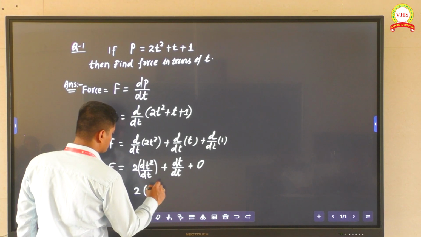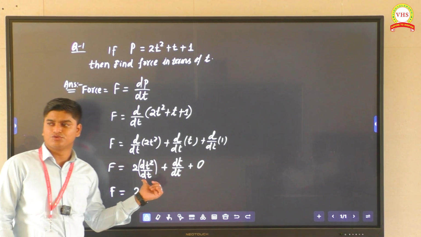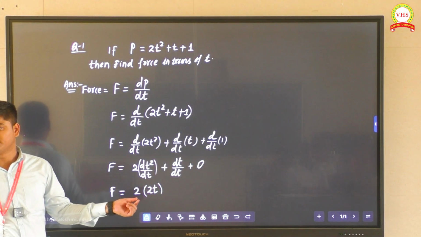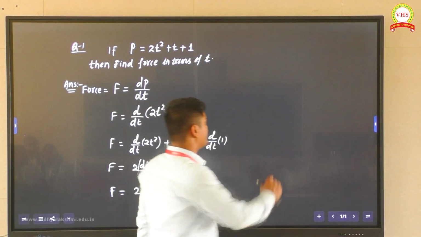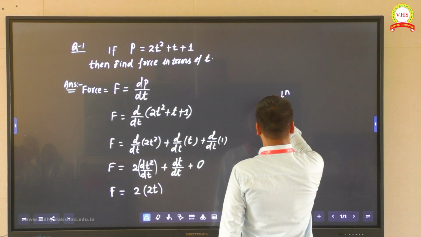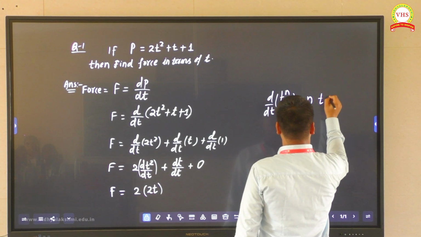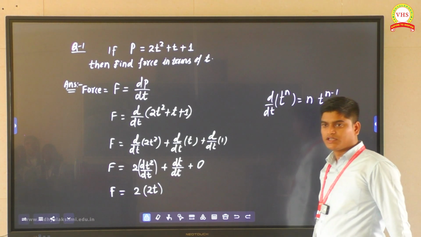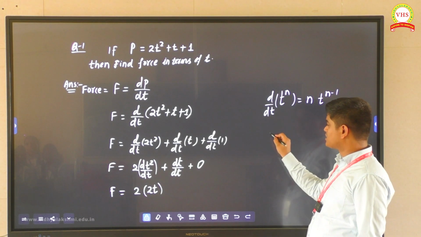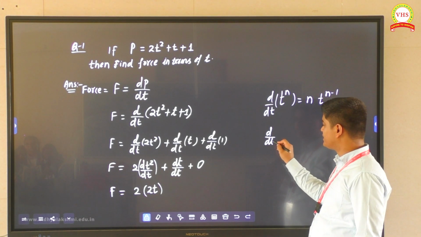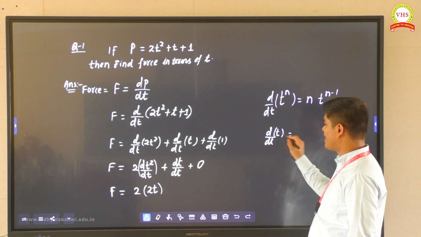Anybody remember? T square derivative is what? 2t. 2 times t. How it is coming? Now this formula remember. T to the power n derivative of t to the power n. How much it is? N into t to the power n minus 1. Yes or no? Now this, suppose I am taking here dt of t. If I take t here, what will happen?